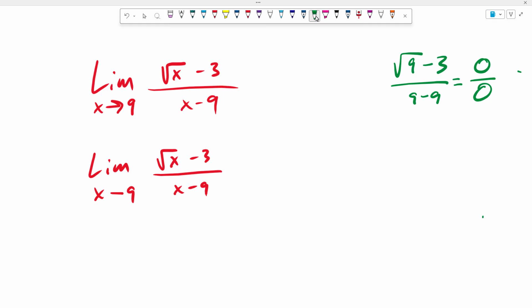Typically, you got to have two different terms. Both of them have two terms, but especially when it involves a square root. So we're going to multiply the numerator and denominator by the conjugate of one of them. In this case, it can be the conjugate of the numerator, square root of x plus 3.